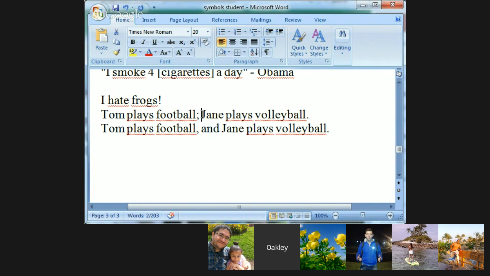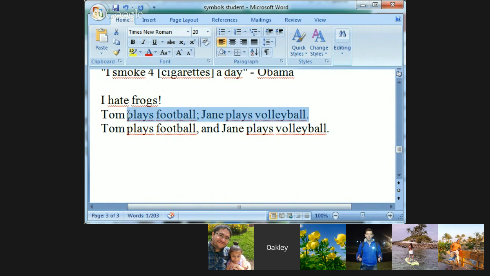But sometimes, if you don't want a lot of connectives in your writing, or if the ideas are connected but not exactly, or if one is almost but not quite a result of the other, you may want to use a semicolon.